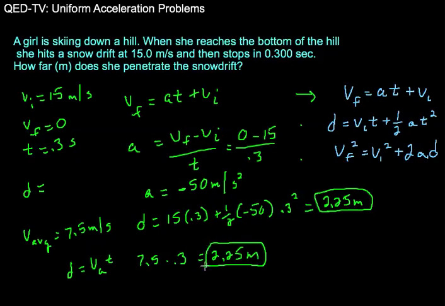That might be an easier way to do the problem. Instead of plugging in all these equations, for any uniform acceleration problem, get an average velocity, take it times the time, and you'll know your distance. So there's another way to do that problem that you might want to think about.